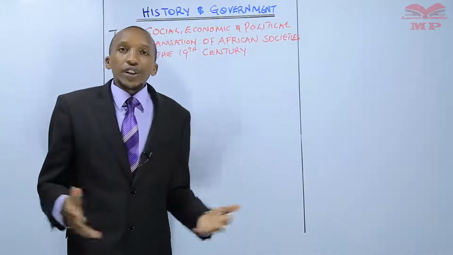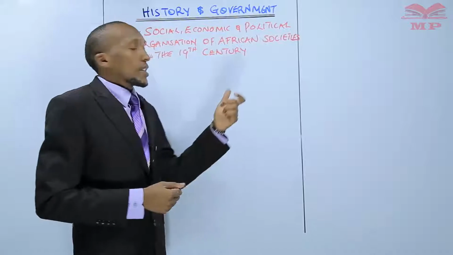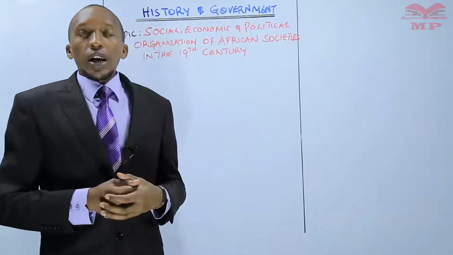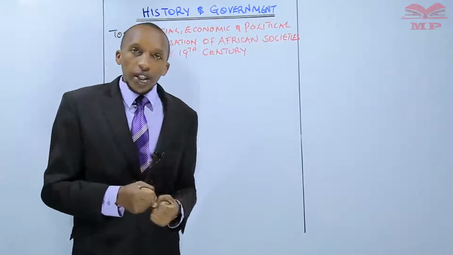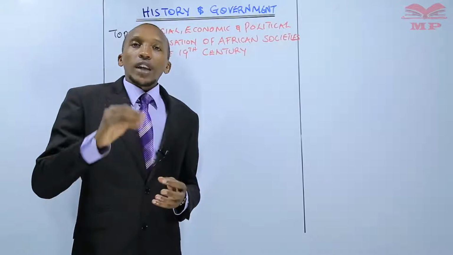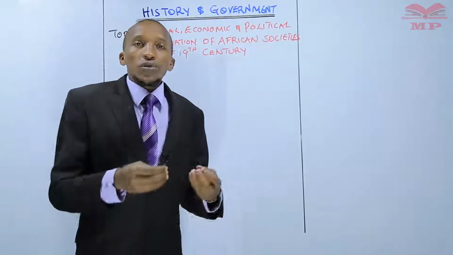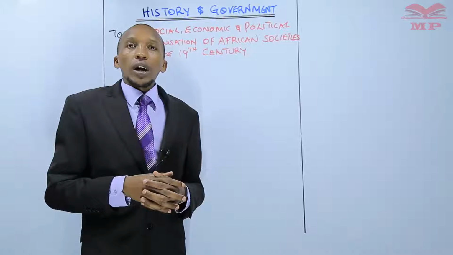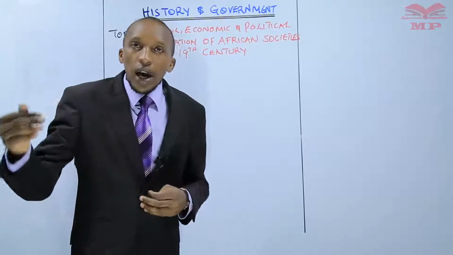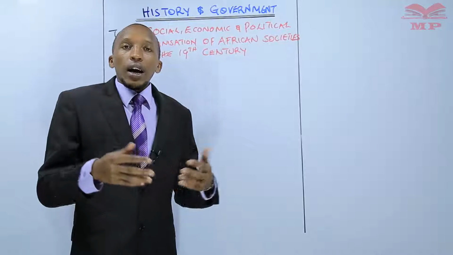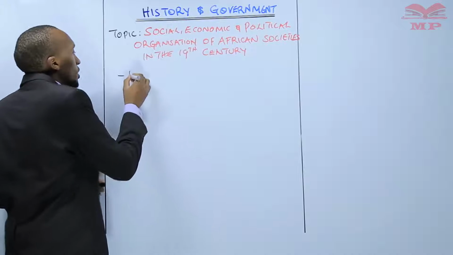So my dear learner, people have different ways of handling their own issues. In Africa, as you all know, we have different societies, with different people settled at different places. Initially, people were moving from one place to another. They did not have a specific way of living. That is what we refer to as nomads.